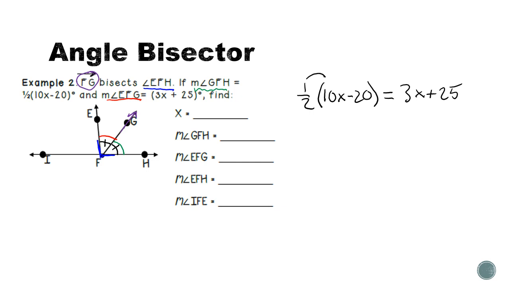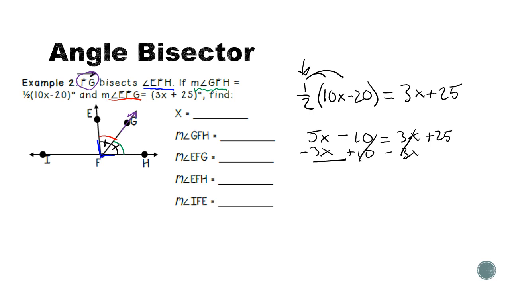Algebra skills tell us to distribute; multiplying by this fraction means dividing by 2. I get 5x minus 10 equals 3x plus 25. Variables to one side, constants to the other side. I am left with 2x equals 35.